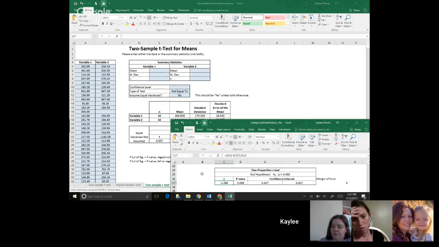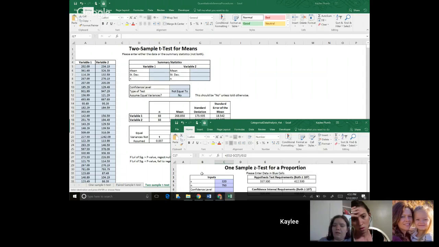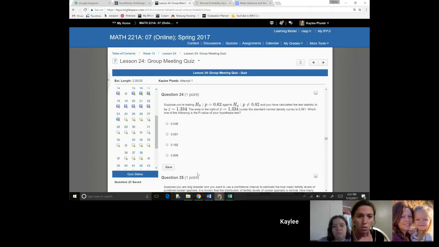Yeah. 24 would be 0.182, right? 24? Mhm. I don't even know how to figure this one out. Well, it's giving us the z-score and the p-value to the right of that z-score.